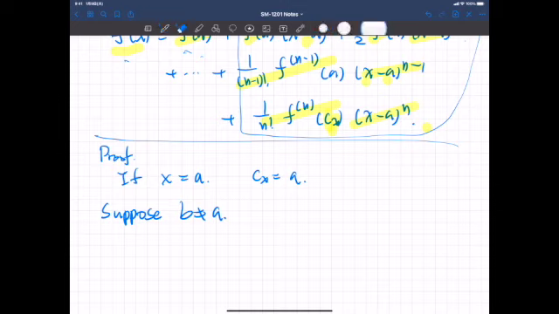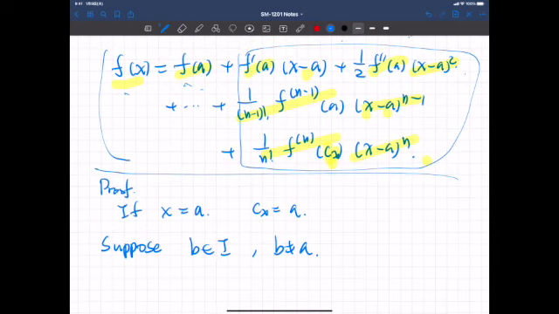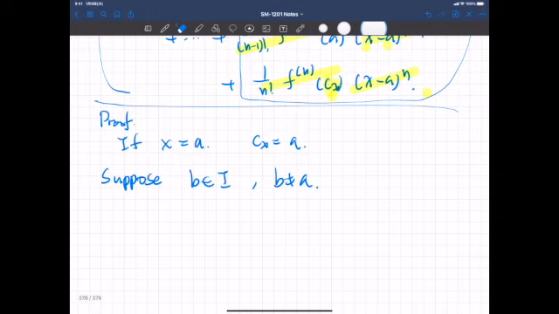So this case is done. Now suppose b is not a. First of all, we have to assume that b is in this interval, and b is not equal to a. And what we need to show is this equation with x replaced by b.